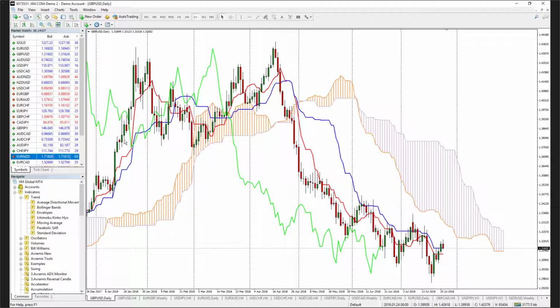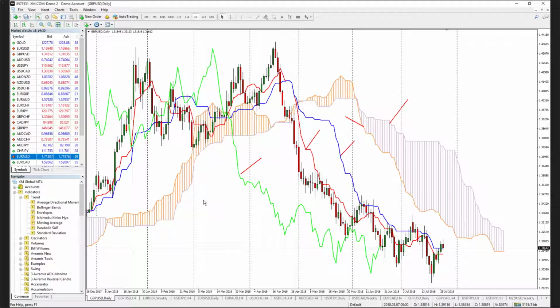What essentially is going on here is that these are the 5 different lines that make up the Ichimoku. The 2 lines that make up this shaded area here, this nice blue line here, this nice red line here, and this nice green line here. Those are the 5 different lines.